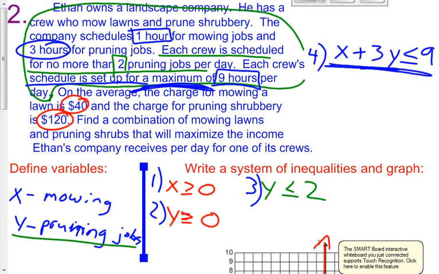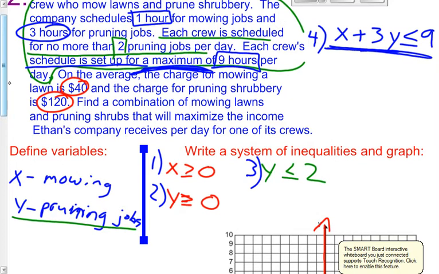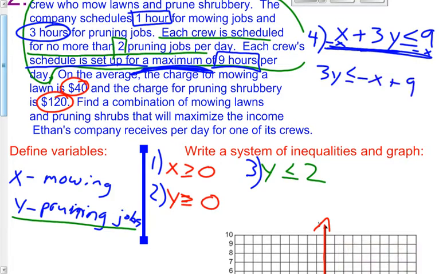So, we're now going to graph this one. If I were to put this into y equals mx plus b form, I would subtract an x right here. 3y is less than or equal to negative x plus 9. Divide both sides by 3. y is less than or equal to negative 1/3 x plus 3.